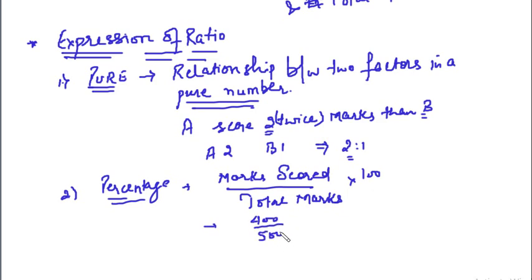Total marks 500 multiplied by 100. 80%. Clear? So this is how you express a ratio in percentage. We are studying the relationship between marks scored and the total marks, and we are expressing this in the form of a percentage. Clear?